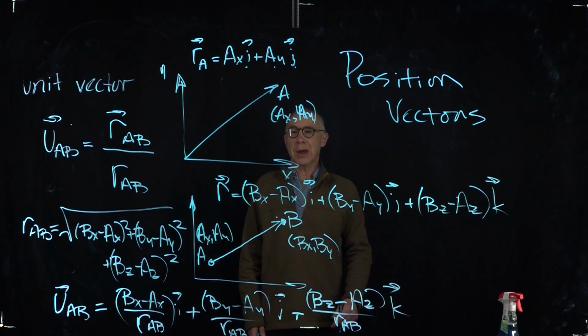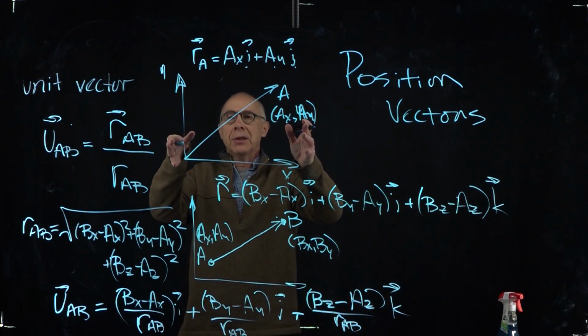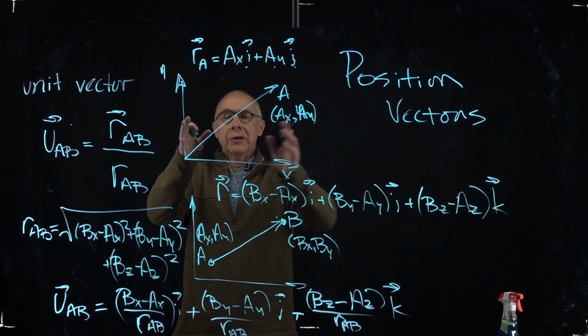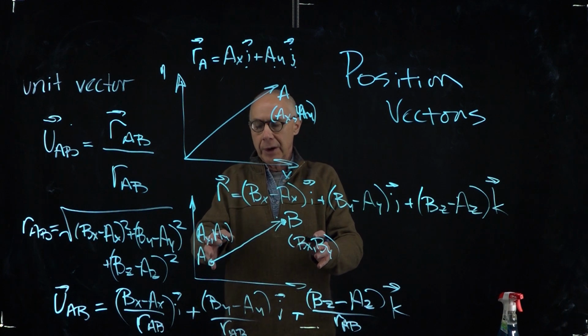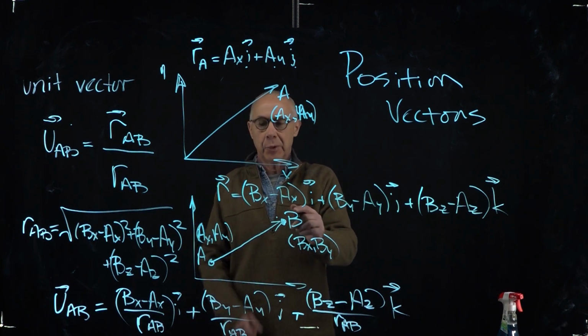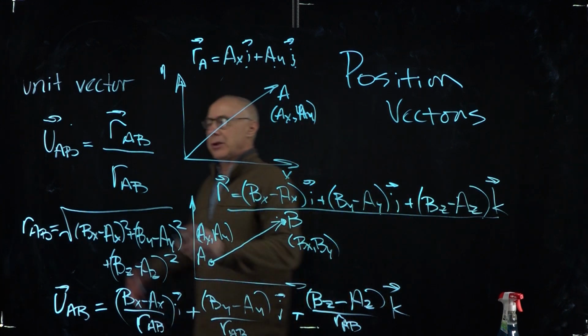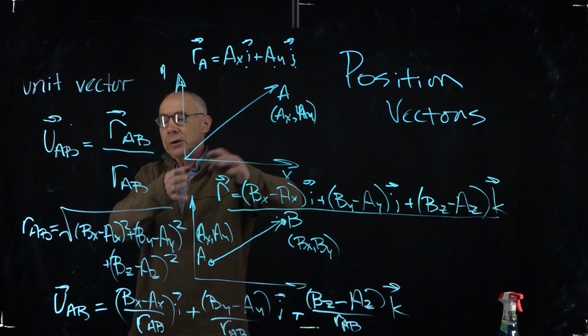All right, so that's it. We talked about position vectors. We gave the specific case of a position vector starting at the origin. Then we talked about a position vector starting from an arbitrary point A to an arbitrary point B, and we came up with this result. And then we talked about unit vectors in the direction of a position vector.